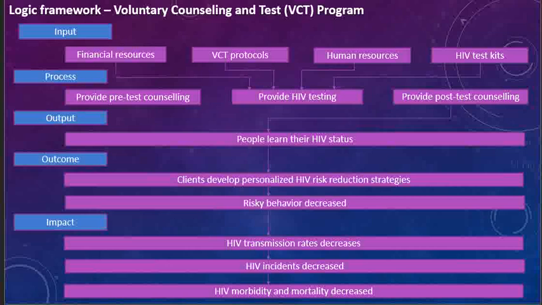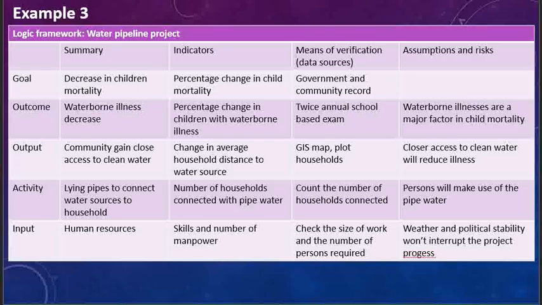But again, this is without forgetting the assumptions. This is also where you start thinking of the indicators and how to collect the data sources on these indicators. So that is why I say you can have both of these structures, but having it in a logic framework like this one would be my preference.